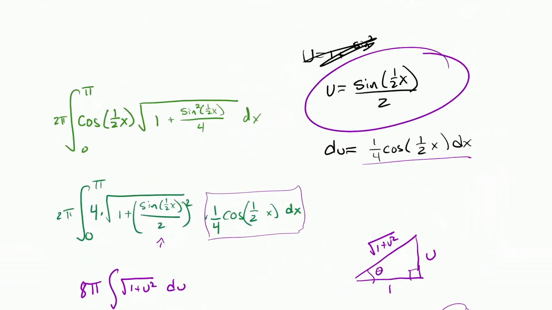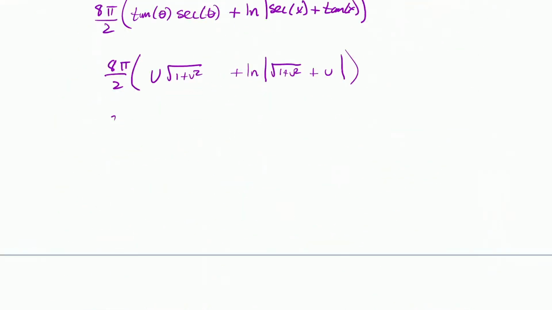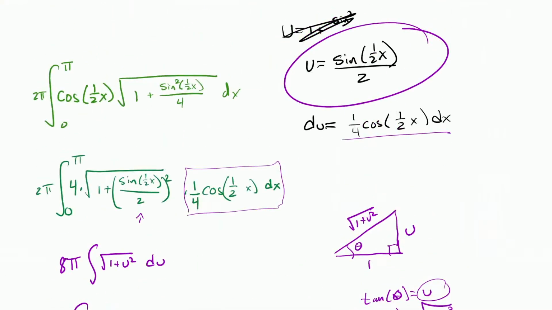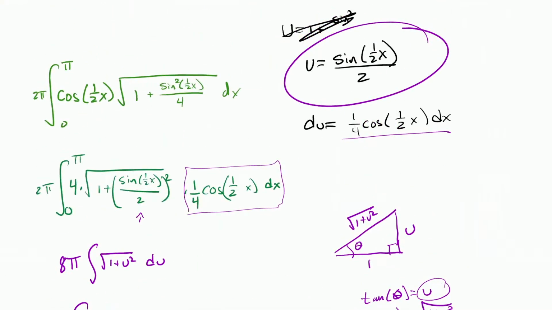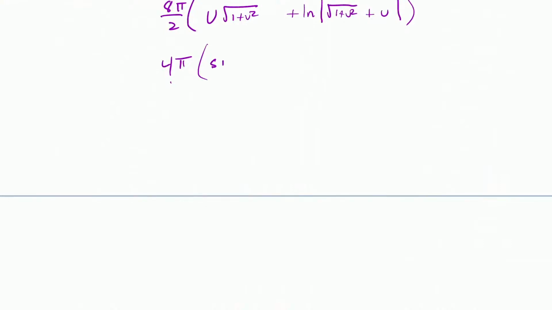u is this. Okay. So 8 pi over, just write that as 4 pi. 4 pi times, where was it? Okay, sine of one half x over 2 times the square root of 1 plus sine squared.